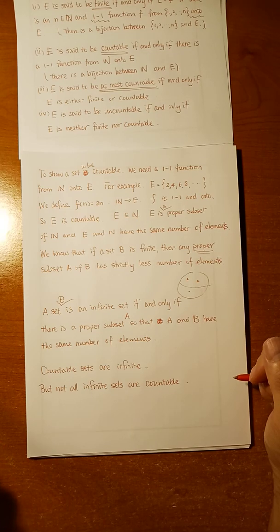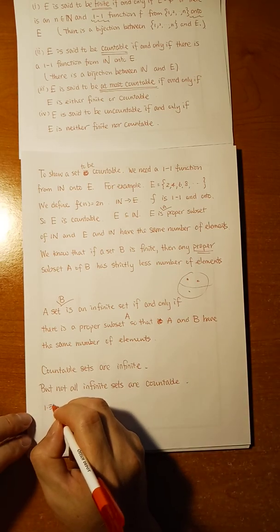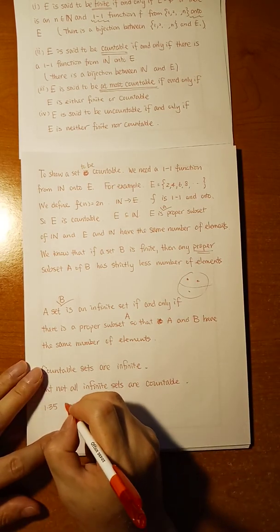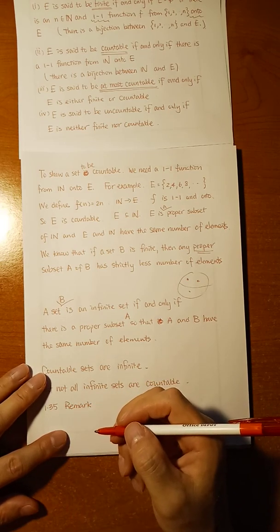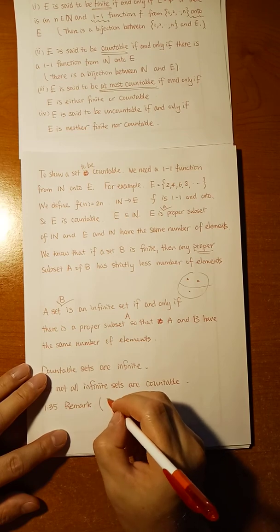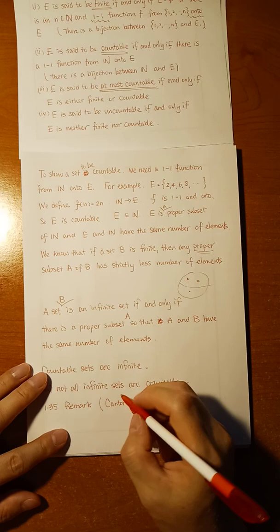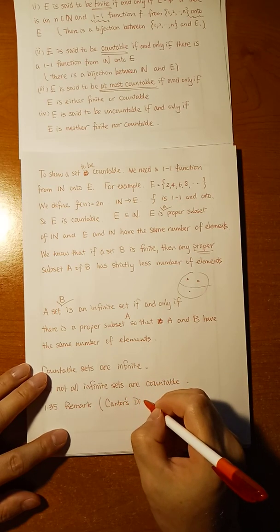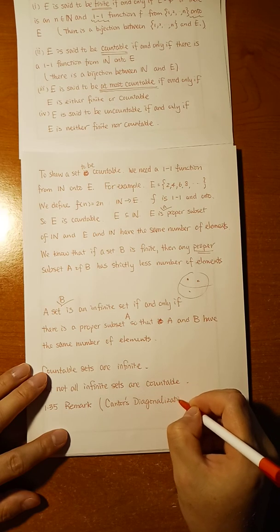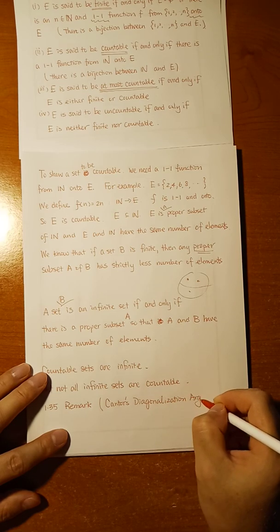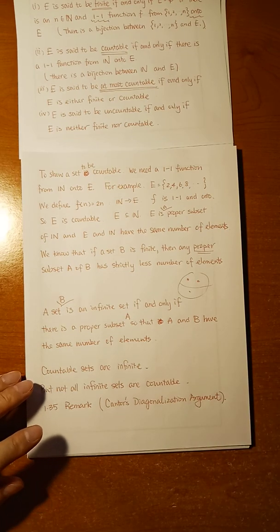So how do we find an example of an uncountable set? That's the next remark. This is a nice construction done by Cantor, called Cantor's diagonalization argument.